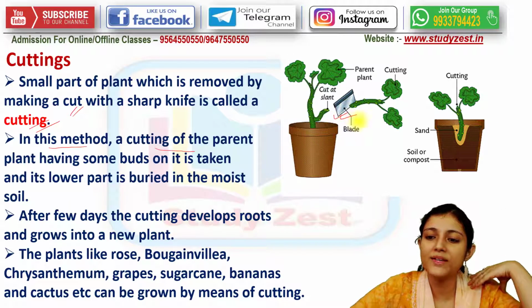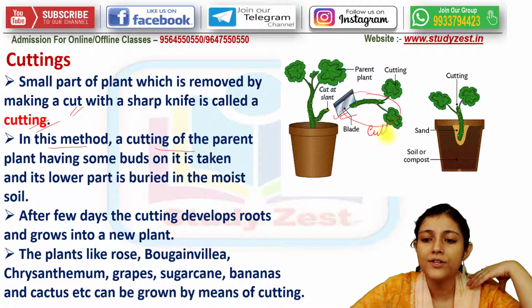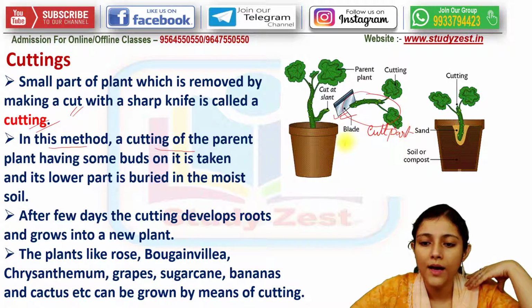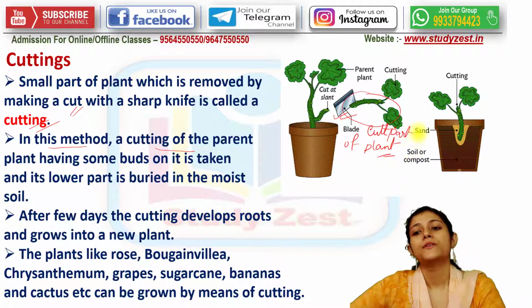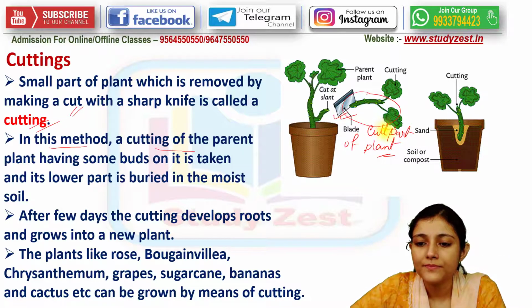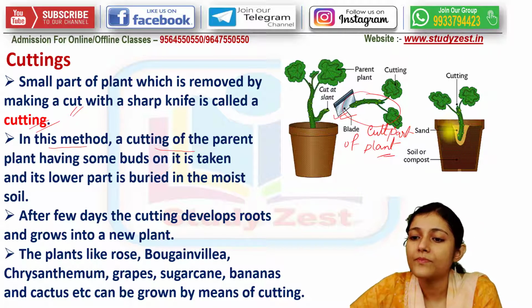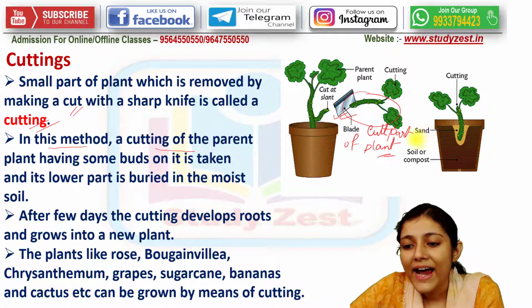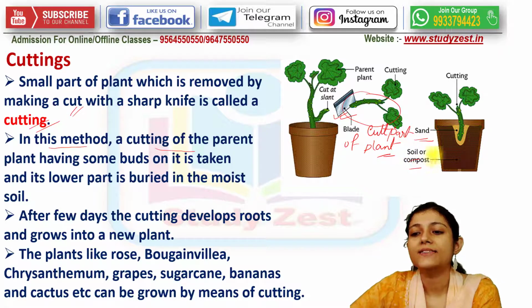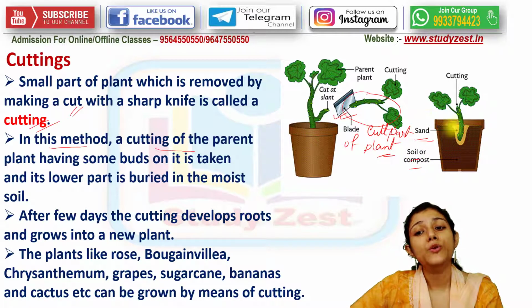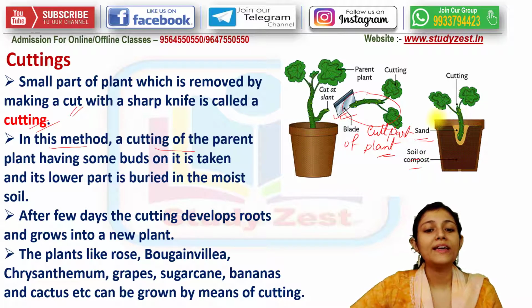As you can see, this is the cut part of the plant. Sand is there and the moist soil is there. This is planted in a new pot and from there a new plant can originate.